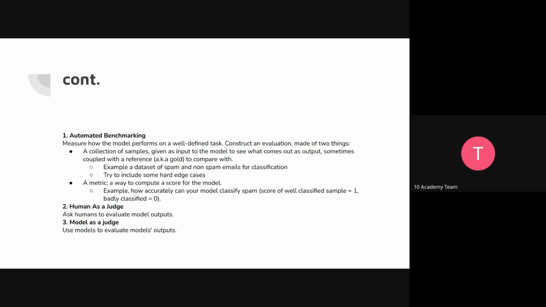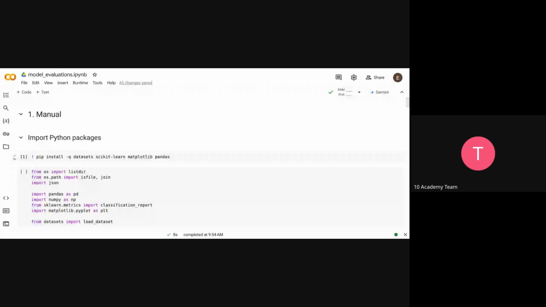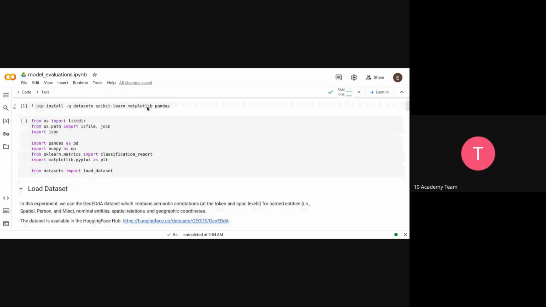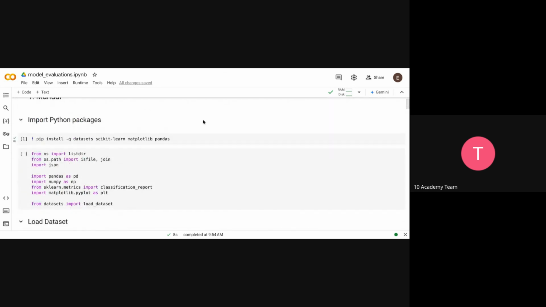Before moving on to interpretability, you see this code. The goal of this code is to evaluate a couple of models for named entity recognition.